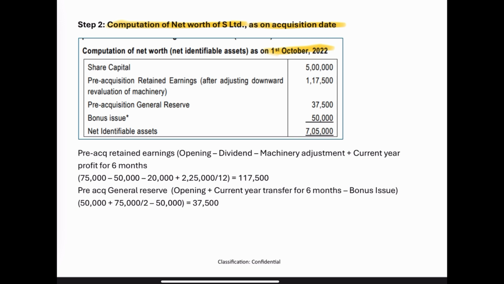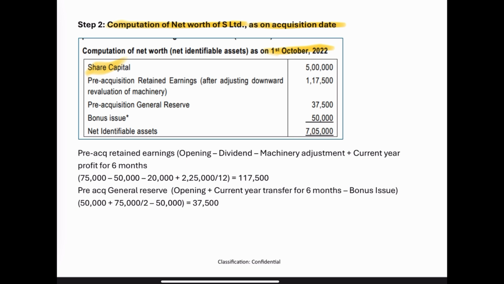Let's not compute the complete balance sheet. Generally in the balance sheet, the net assets will equal your capital plus other reserves. So to compute the net worth, in short, we can just add the capital and all the reserves which are attributable to equity. So capital plus reserves will add up to net assets.